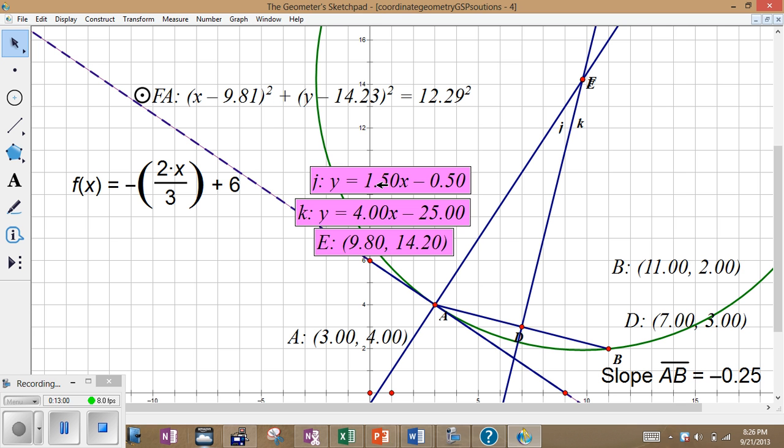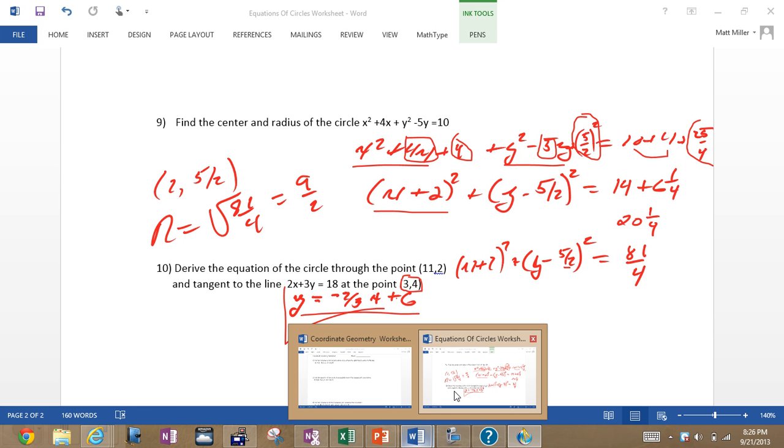So all these 3 things are vital. And that point of intersection is the center of the circle, and then you'd have to find the distance between that point and the given point 3, 4, and that would be the radius. And so that's the approach taken for this problem.